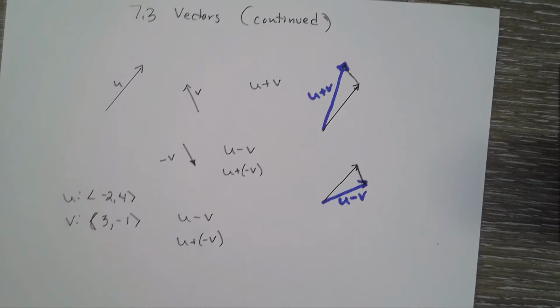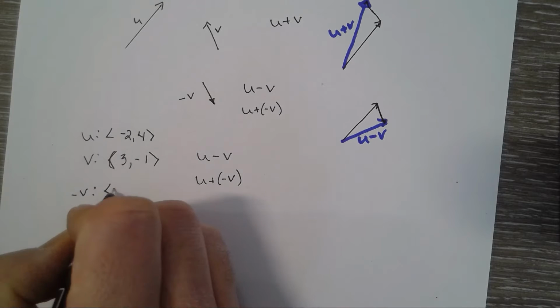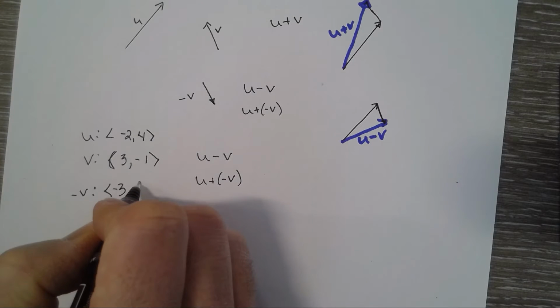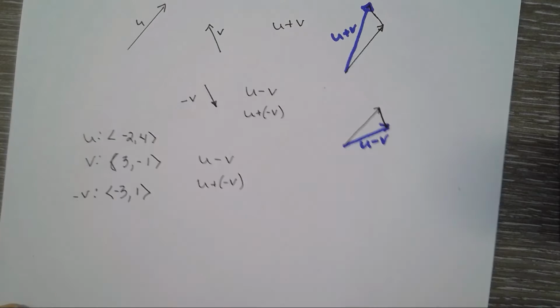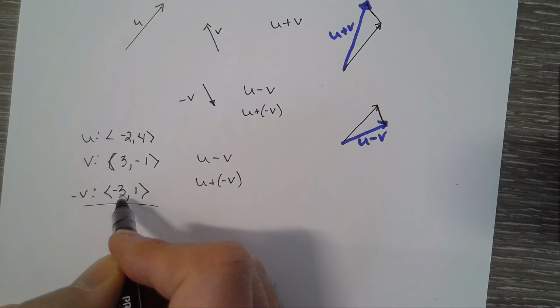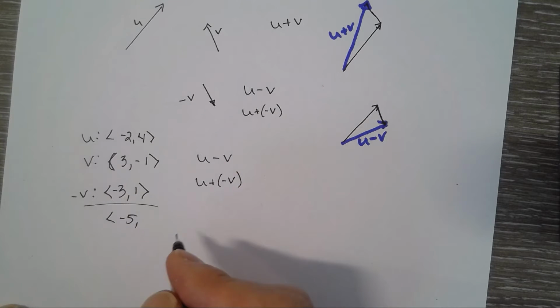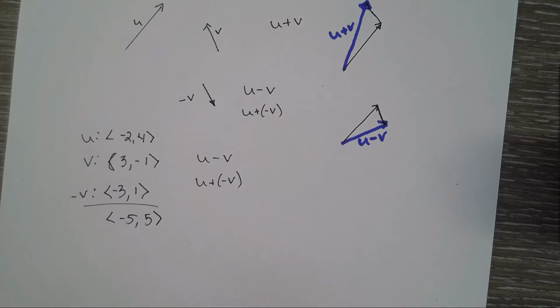So negative v would look like negative 3 comma 1. Just change the signs, then you can add them. So u plus negative v is negative 5, 5. There's adding component forms.